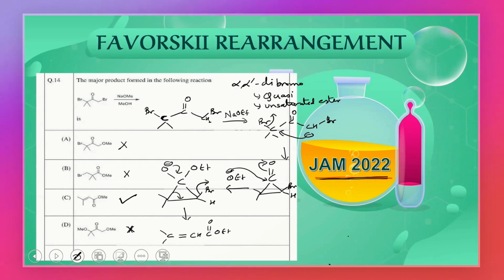So CH3, CH3, C double bond CH, COOMe. Sorry, here they have taken methyl, so let me change that to methyl. I had taken ethyl here, so it is methyl. Very obvious. So the product is option C. I need not do the mechanism. All that stuff is not required. Just by looking into the Quasi-Favorskii conditions, I know that I should get an unsaturated ester. So straight away land on option C in a matter of seconds.